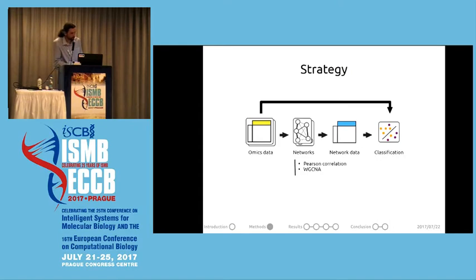We are using two different methods to build those networks. They both rely on computing the correlation between the molecular profiles, but the second one also makes sure that the network we obtain has a scale-free property. In the next step, we use those networks. We have built one per omic dataset we use, and we compute metrics on those networks for all nodes.